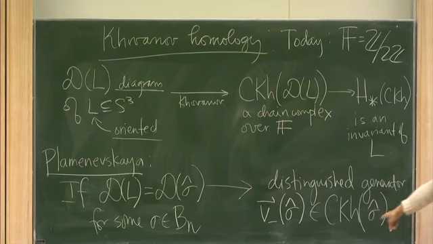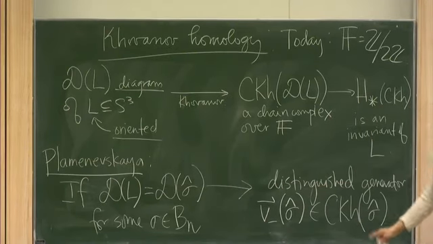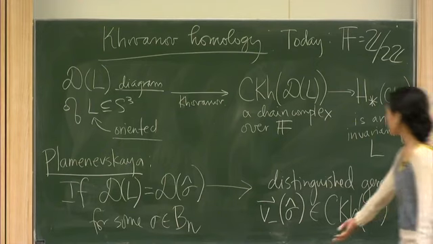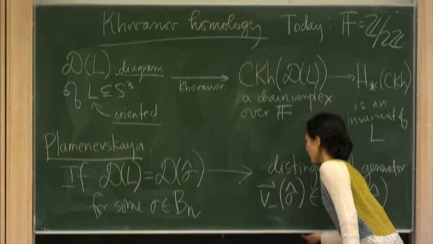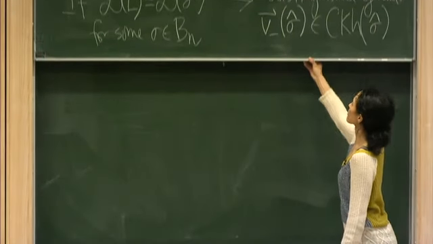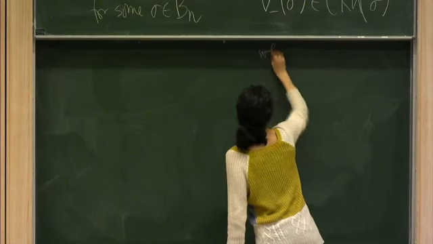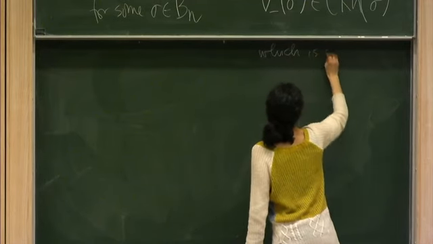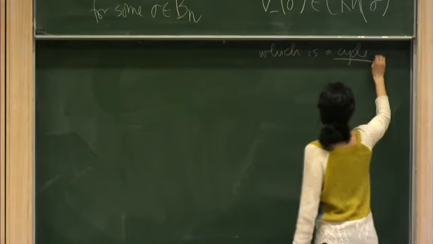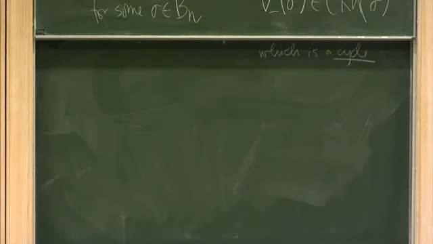And I'll also drop the diagram from the notation so I don't have to write so much. So there's a distinguished generator of the chain complex. And it happens to be a cycle. So in particular, it represents a homology class in Khovanov homology.